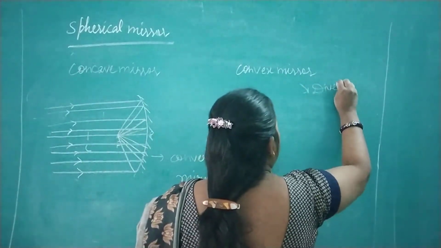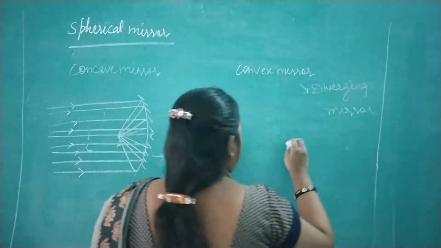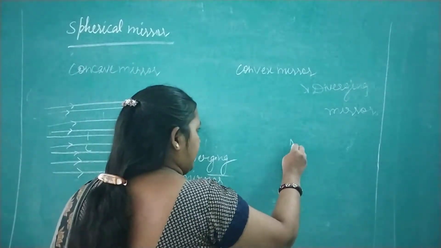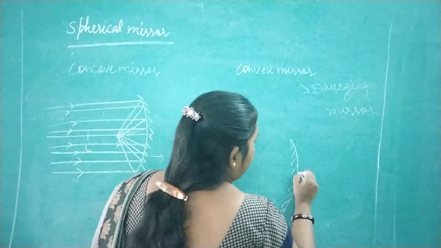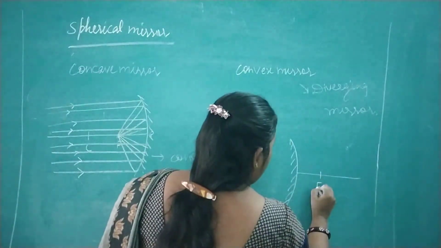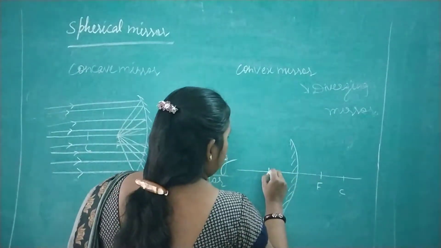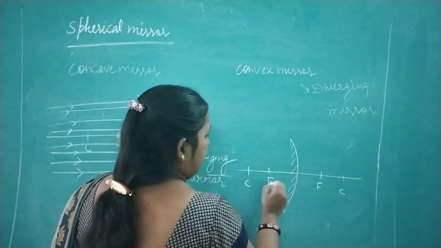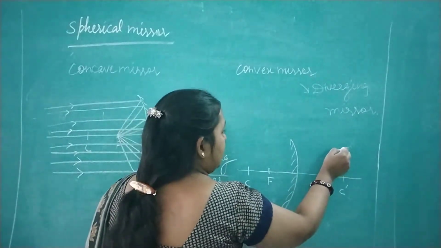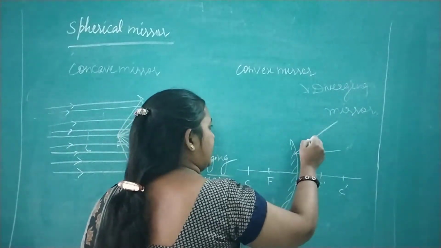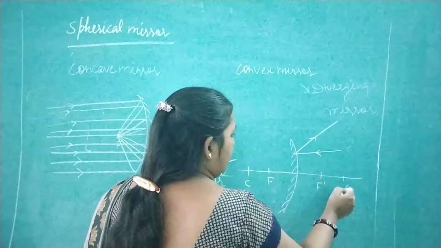How will we identify? Diverging mirror like this. This is your convex, this is your F और ये आपका C. एक्चुअल में तो यहाँ होगा, लेकिन हमने उसके पहले same distance पे वहाँ पे लिख दिया इसको F' और C', right. And a light falls on it and it goes like this.